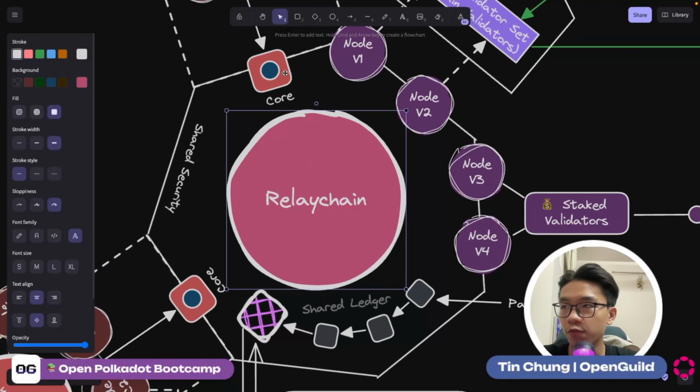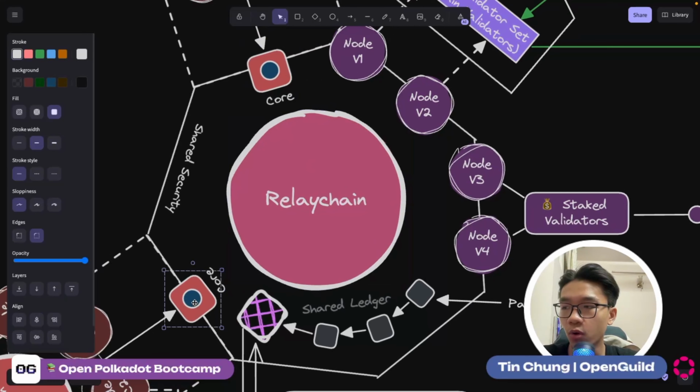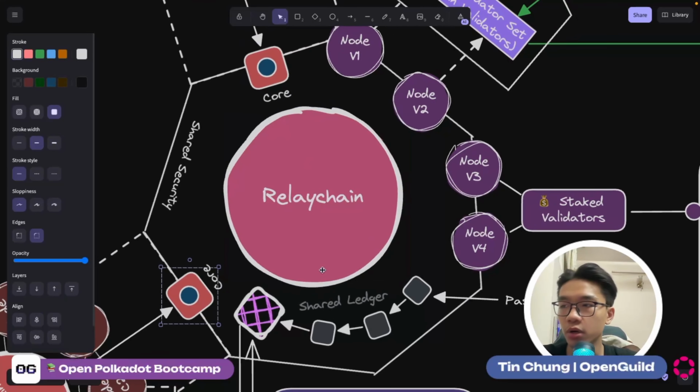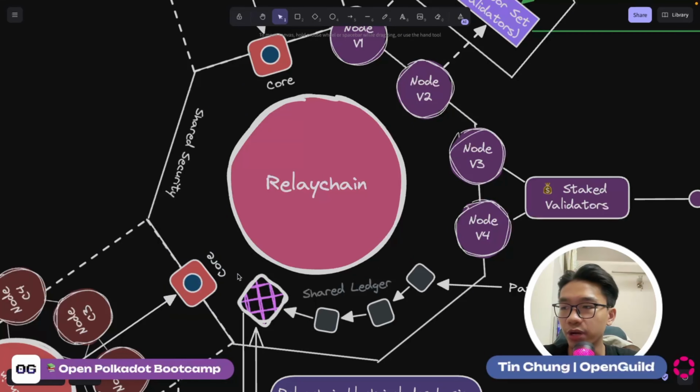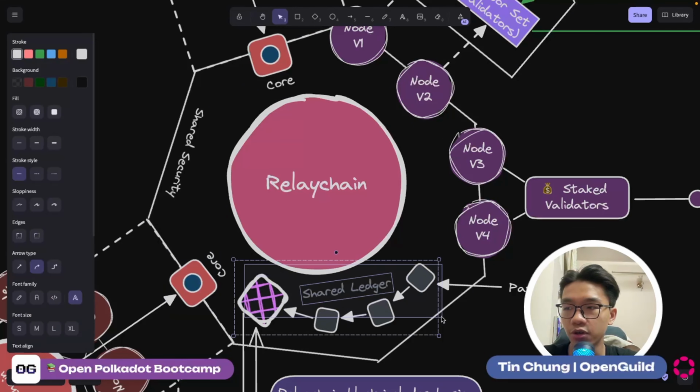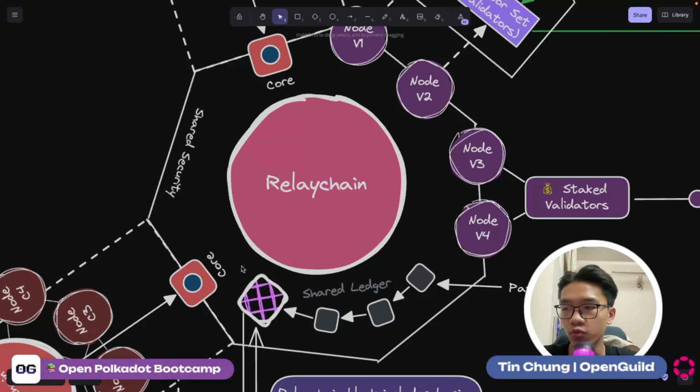Then the relay chain has a few different cores. These are execution cores. And the relay chain also has a shared ledger, a distributed ledger of the relay chain. Each parachain also has its own distributed ledger.